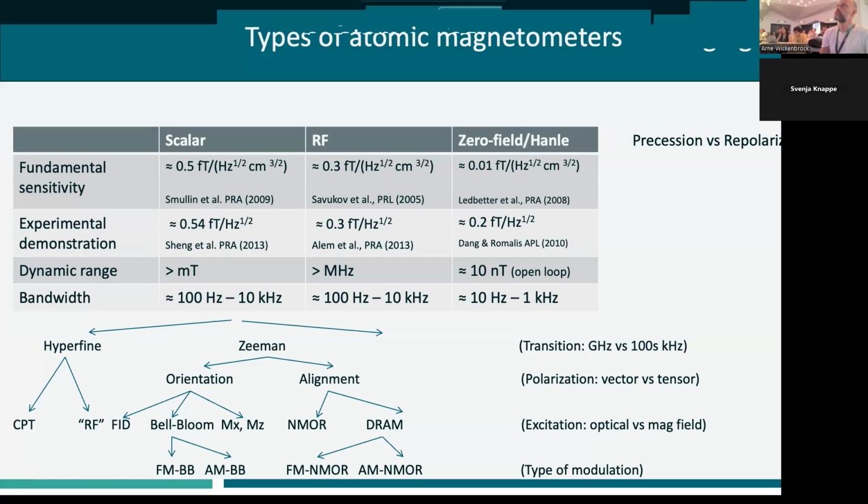And so all of these magnetometers are very similar in that they're driving some kind of polarization in the atoms, and they're driving it optically, or they're driving it with magnetic fields. They're driving it on one or the other transitions. And so there's this whole zoo of magnetometers, but at the end, they all work in very similar ways. I need to drive this precession in the atoms unless I'm over there.